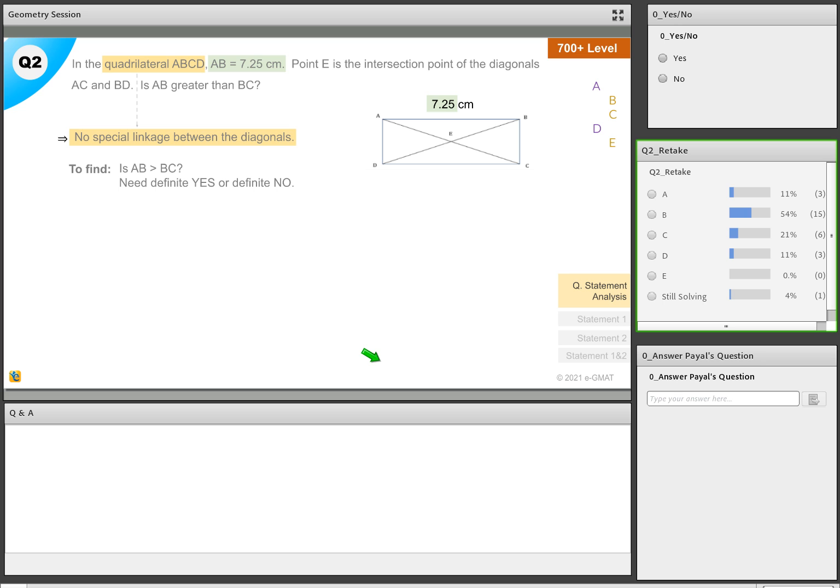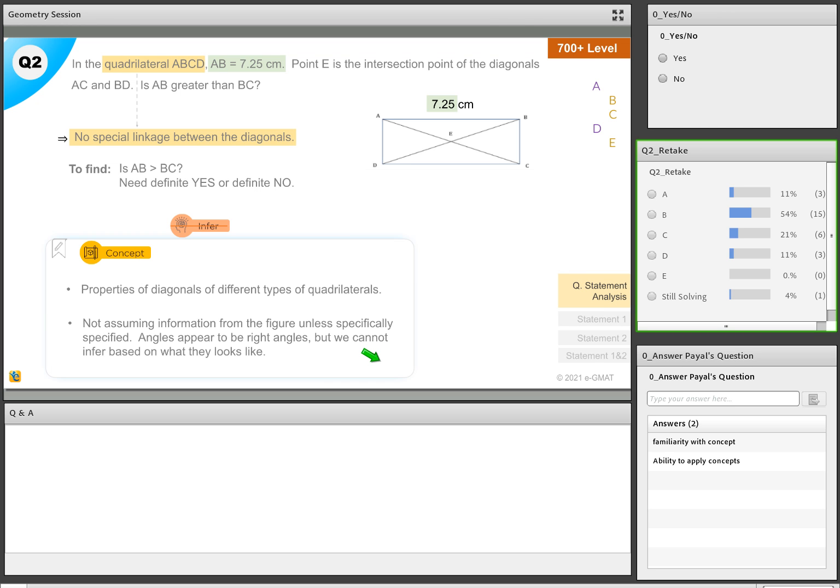Now, because a quadrilateral is given to us and we are dealing with diagonals here, there's no special linkage between the diagonals of a quadrilateral. So there's nothing more that we can do with that, okay? Now what we need to figure out is, is AB greater than BC? So we need a definite yes or a definite no, right? So the concept that you had to retrieve over here was the properties of diagonals of different types of quadrilaterals.